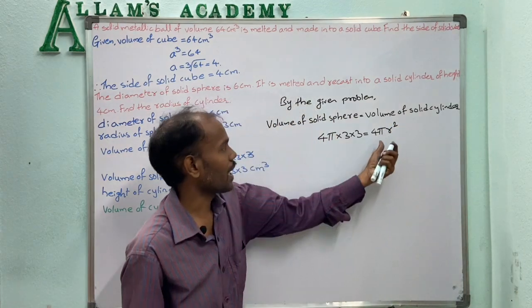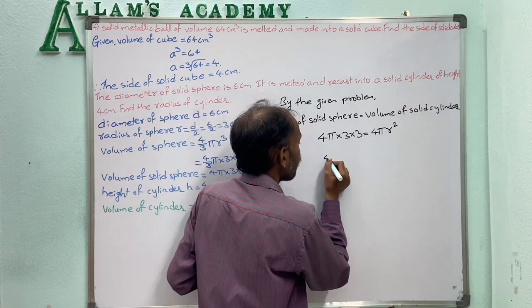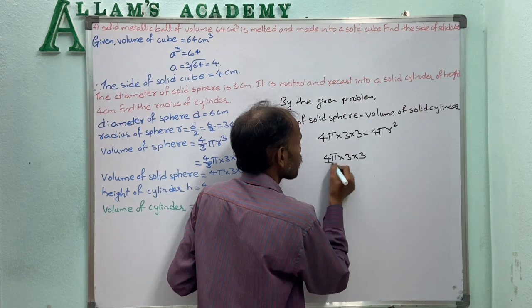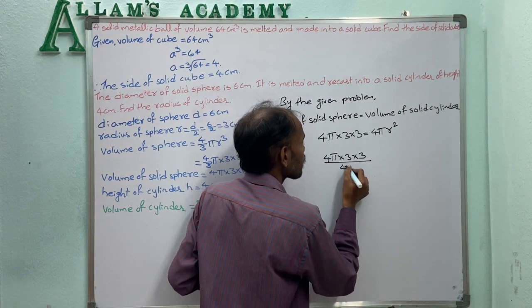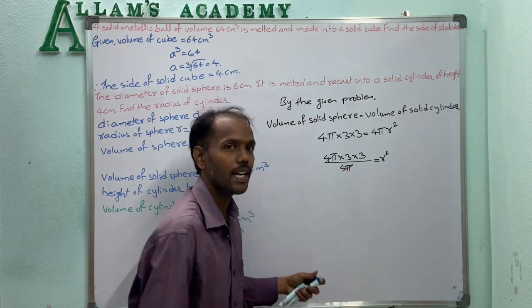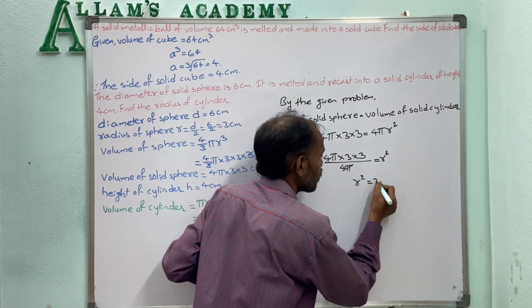Now this multiplication 4 pi transfer to this side, division. So 4 pi into 3 into 3 by 4 pi is equal to r square. So 4 pi gets cancelled. So r square is nothing but 3 into 3.